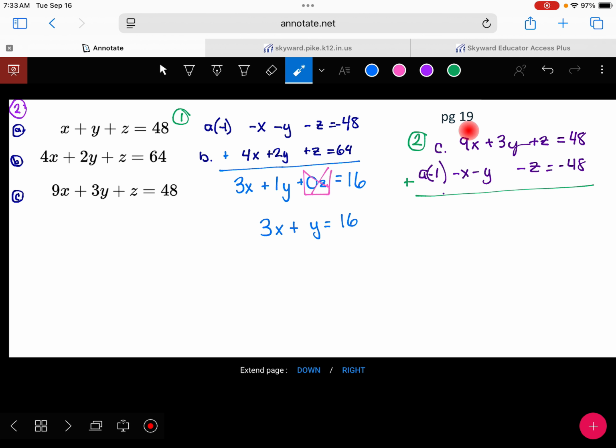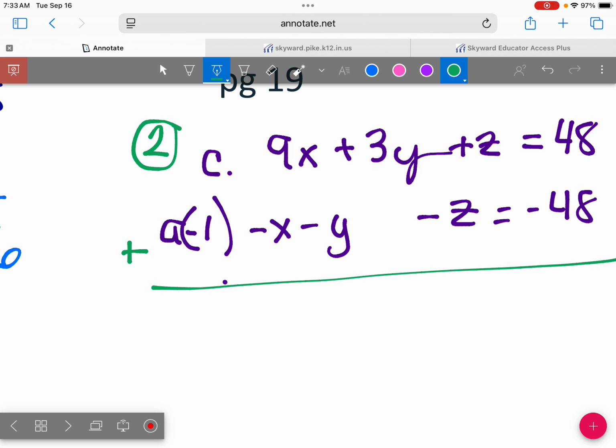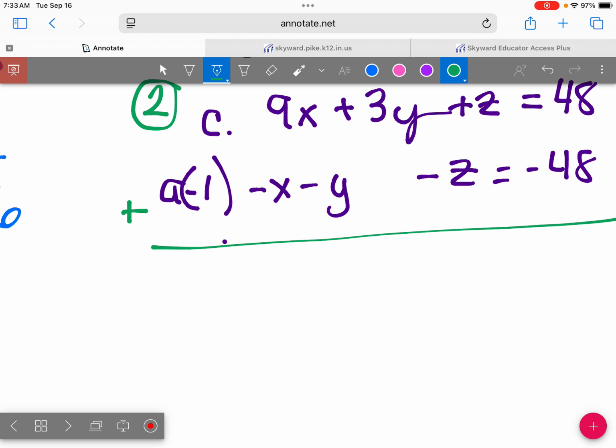When we add our x's together, our 9x plus our minus x, how many x's do we have left? 8. We have 8 x's left. What do we get when we add our y's together? 2 y's.